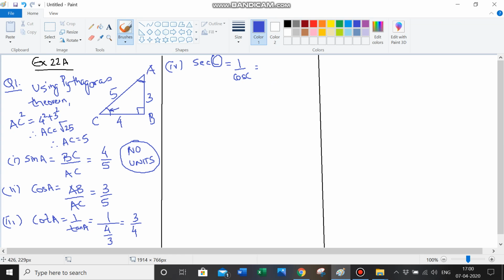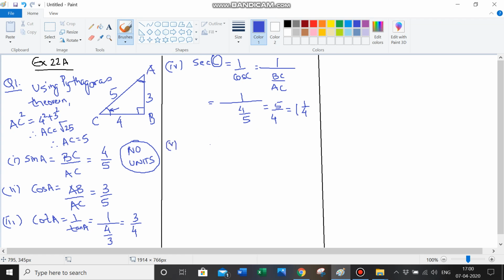So for this as the reference angle, the adjacent side is BC, which is BC upon hypotenuse, which is AC, and 1 upon BC upon AC is 4 upon 5. So this will be equal to 5 upon 4. Note that you cannot write a ratio in this form. So you will need to write it in the simplest form, which is the mixed fraction form. So the answer is 1 and 1 upon 4.